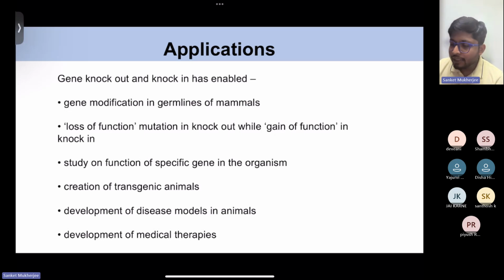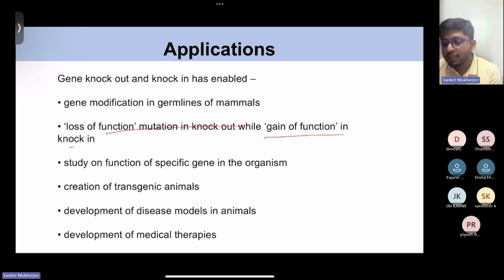Now, if we talk about applications, as we already have mentioned, gene modification in germlines of mammals is one of the modifications. Loss of function mutation in knockout, while gain of function in knock-in. This is ideally how experiments are carried out. If we talk about cancer, oncogenes promote cancer, tumor suppressor genes suppress cancer.